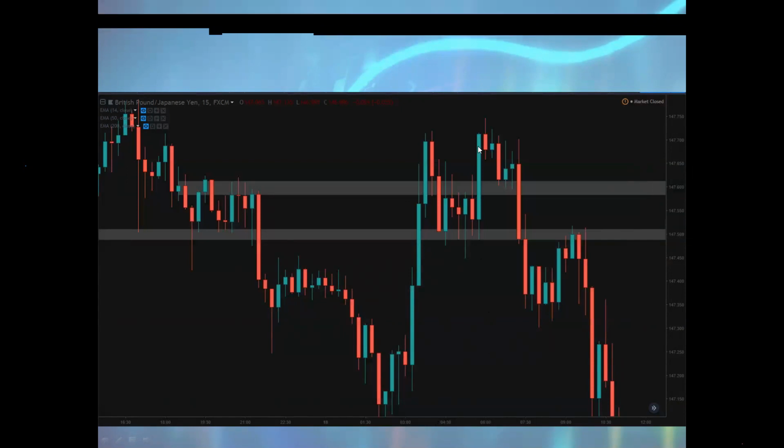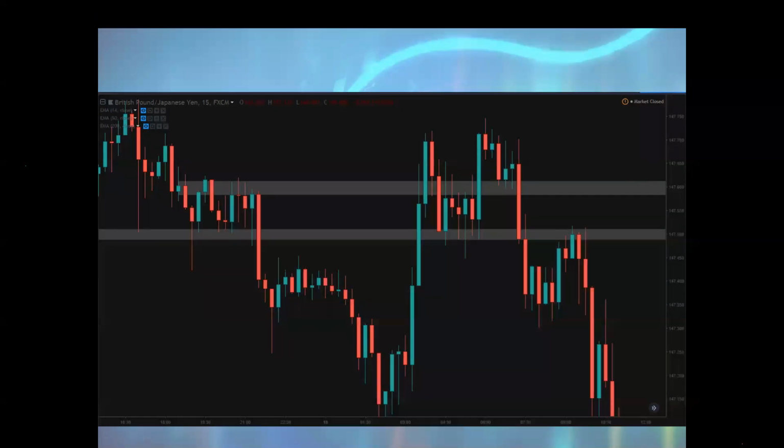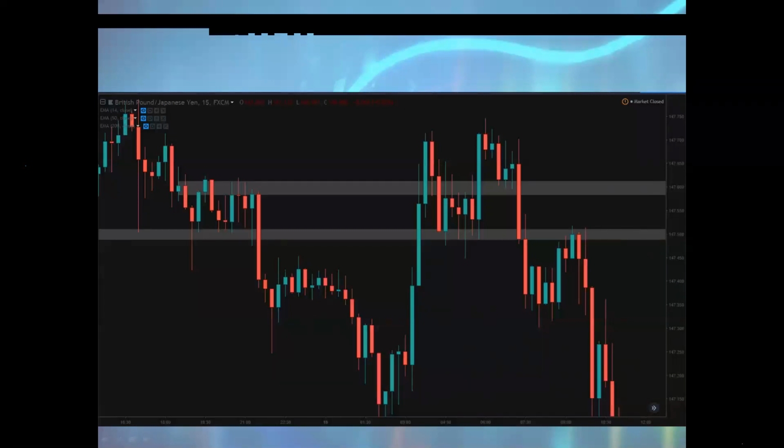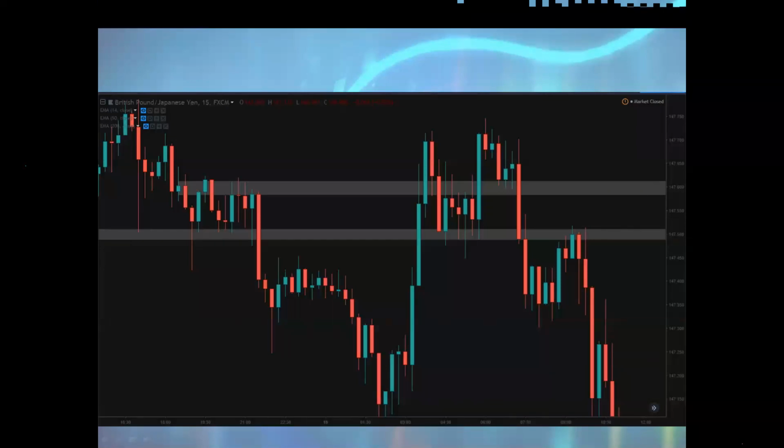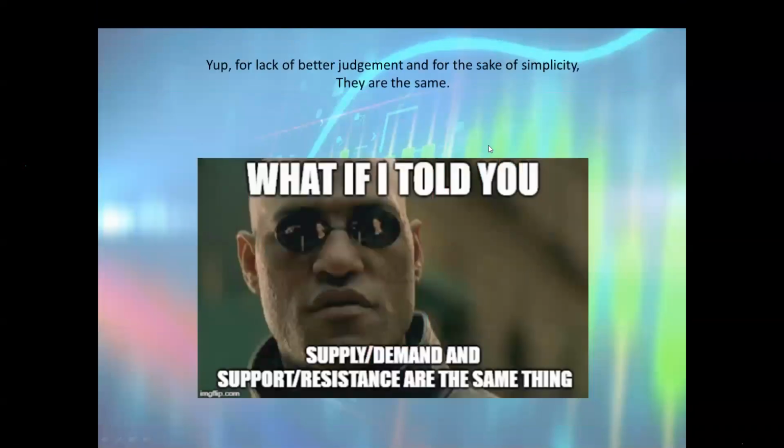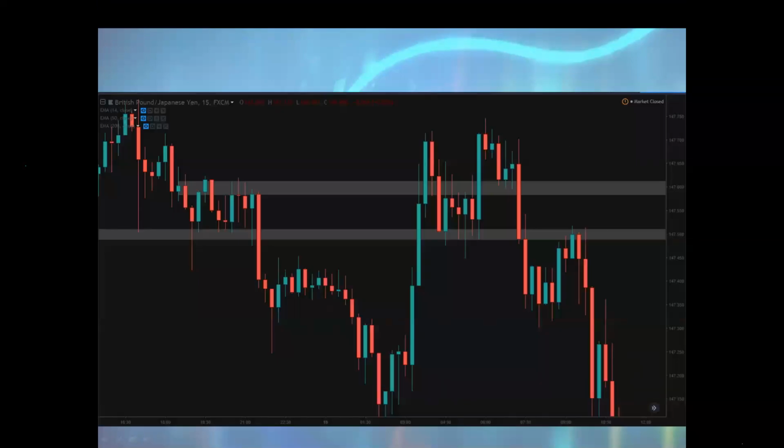Yeah. Would you wait for after a large candle breakout? What would you wait for? Okay. When this candle breaks up, where's the arrow? Oh man, where's the arrow?